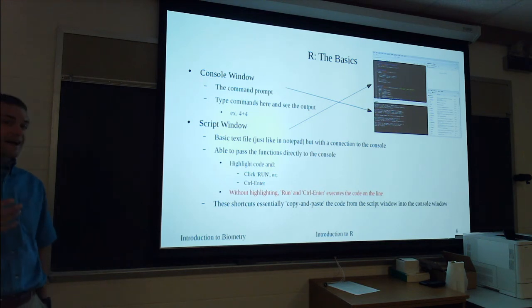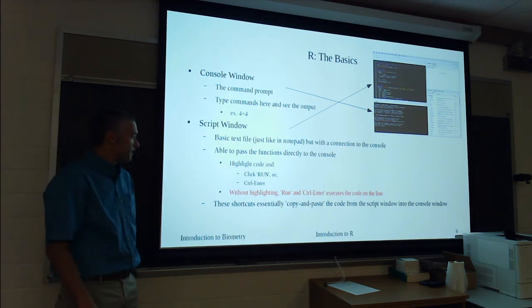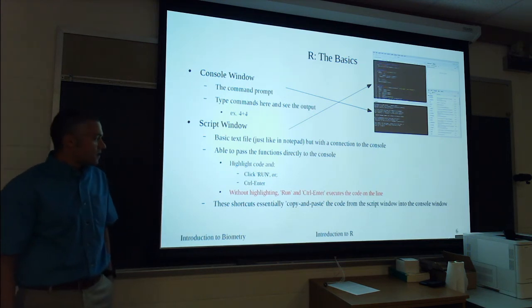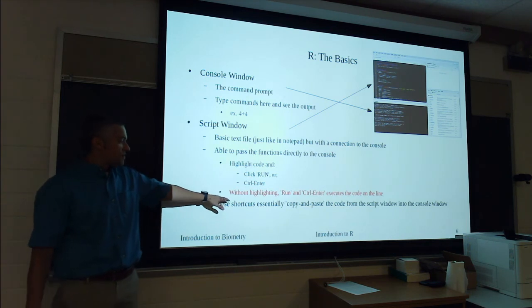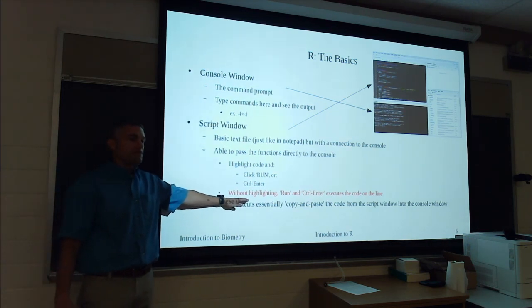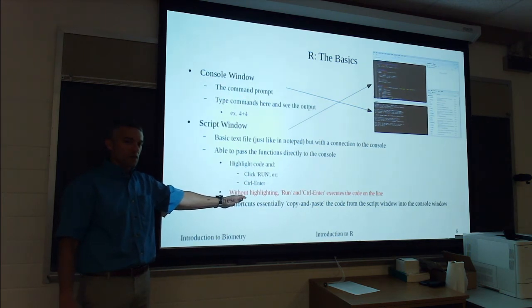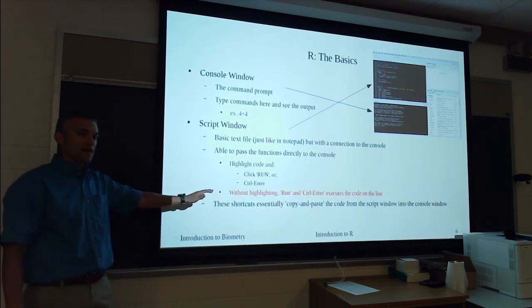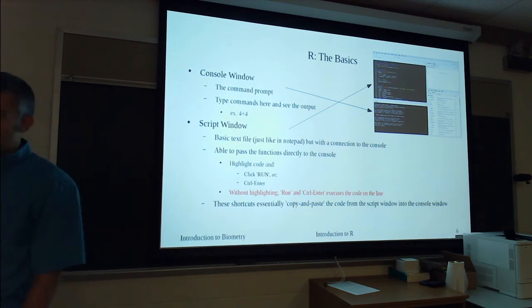So you don't have to highlight everything or use Control-A. Just do run all. I put this in red to emphasize that you don't have to highlight it. As long as the cursor is on the line, it will run everything on that line.